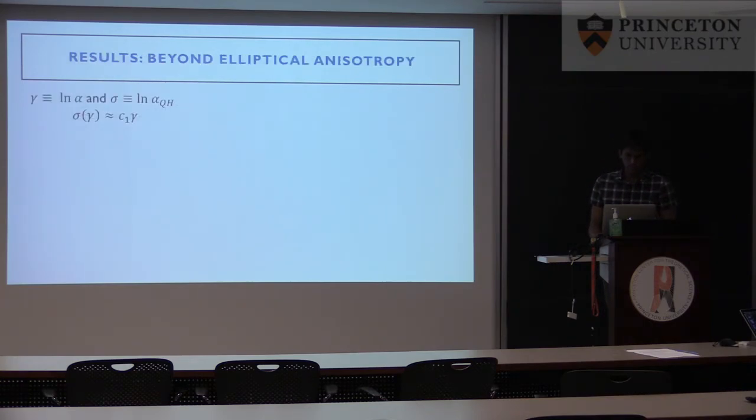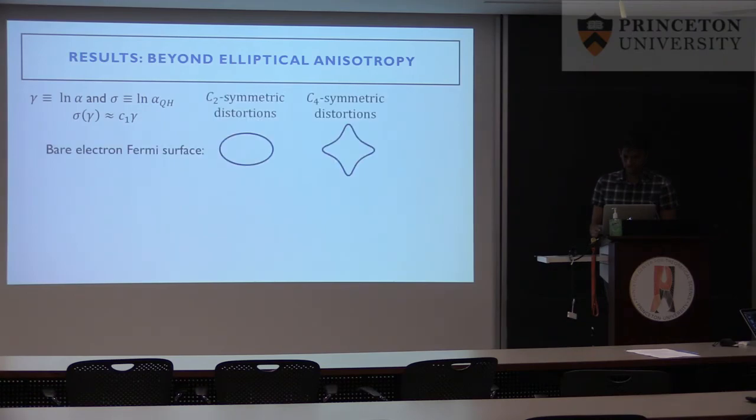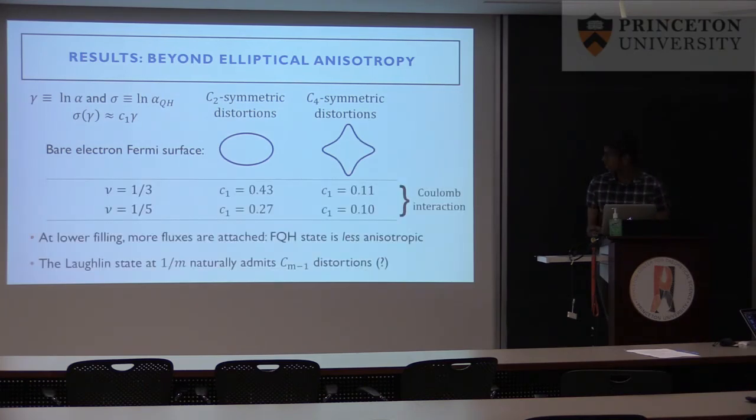We also went beyond elliptical anisotropy, which is to say that you can distort the bare Fermi surface from being elliptical to having these fourfold distortions. In the interest of time, I will just run through these results. What's interesting is that these results on the left are from the previous slides. On the right, we see that the linear response to fourfold symmetric distortions is much less than for twofold symmetric distortions, but comparable between the two fillings 1/3 and 1/5.